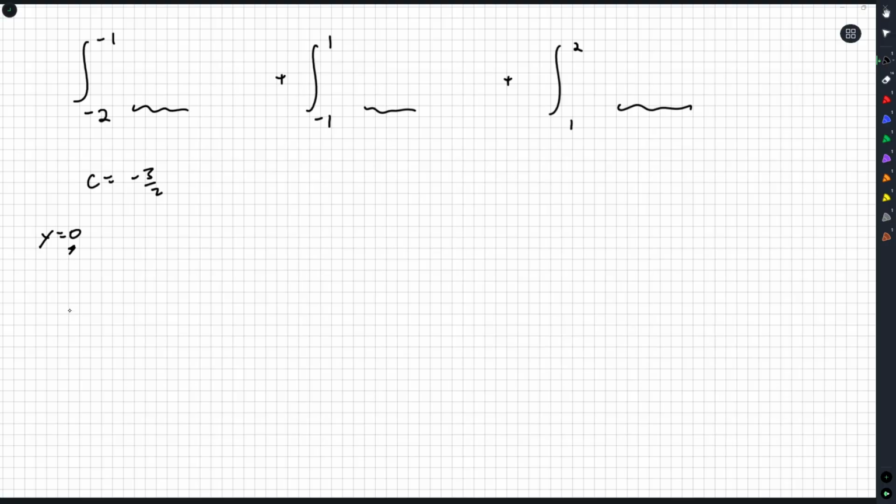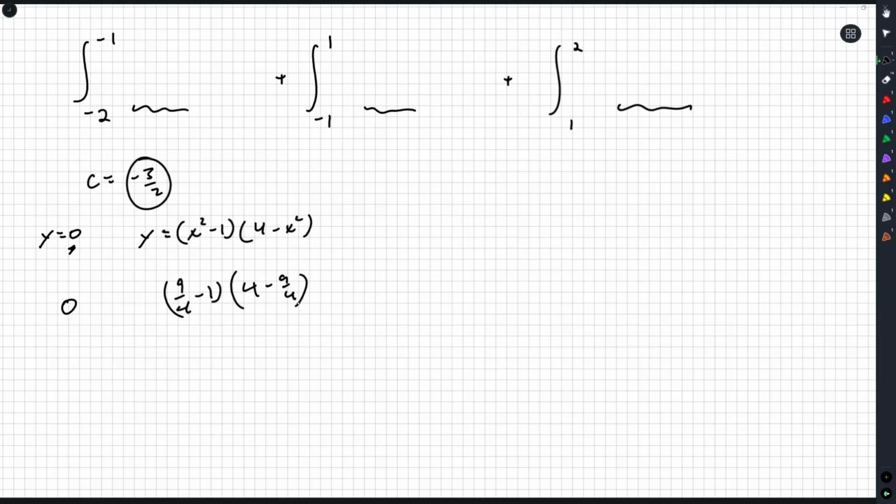So plugging it into 0, well, you just get 0 out. Plugging it into x squared minus 1 times 4 minus x squared, well, we'll have minus 3/2 squared is 9/4. 9/4 minus 1 times 4 minus 9/4. We really just need to know if this is bigger or smaller than 0, switching everything to being over quarters.